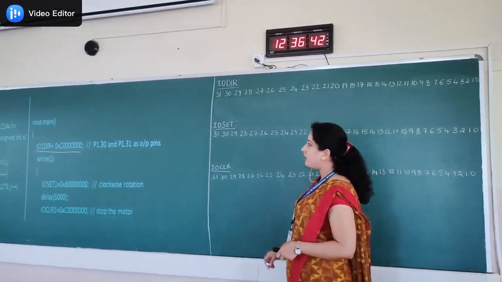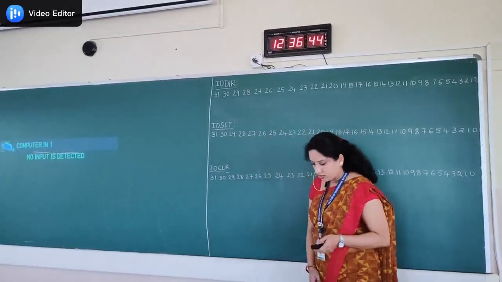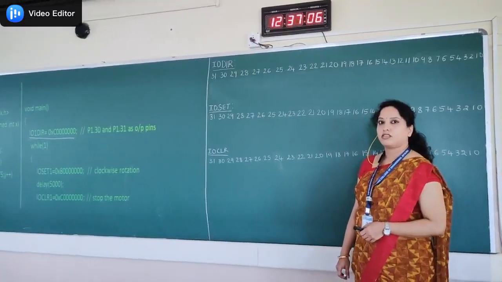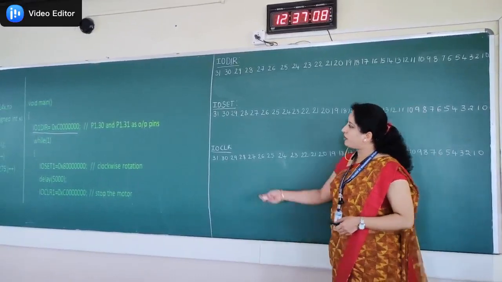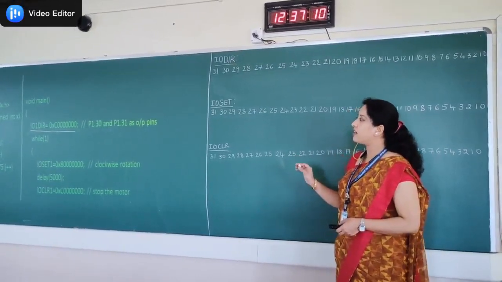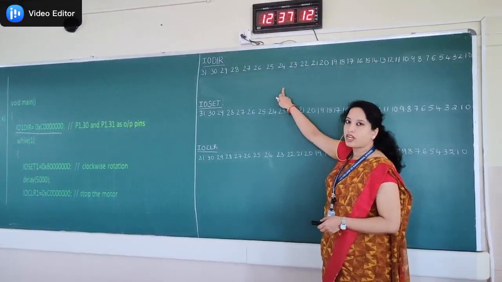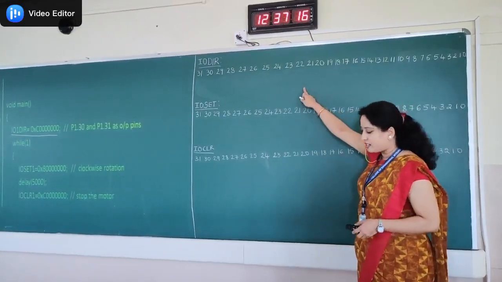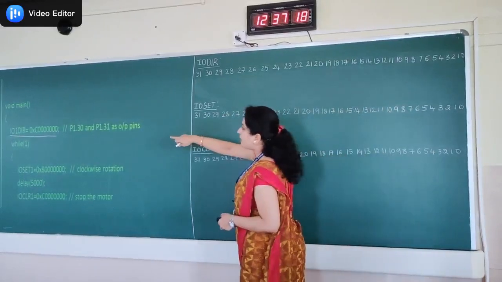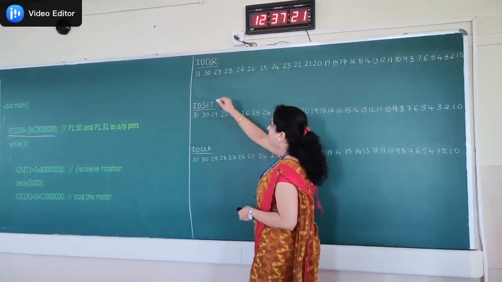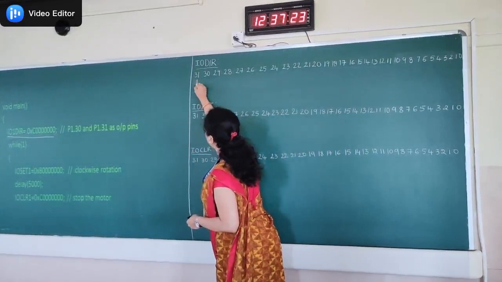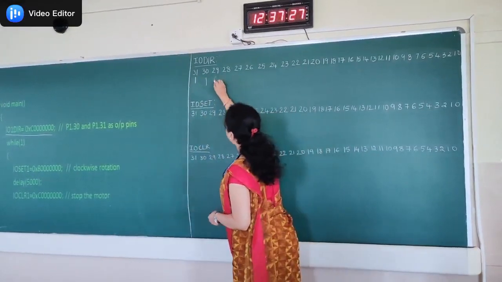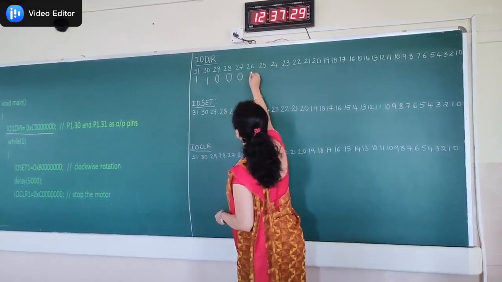To set pins 30 and 31 as output pins, we use the IODIR register. IODIR is a 32-bit register. So if I want to make pin number 31 and 30 output pins, I should place 1 on bit 30 and bit 31 of IODIR. The remaining bits will be filled with 0.